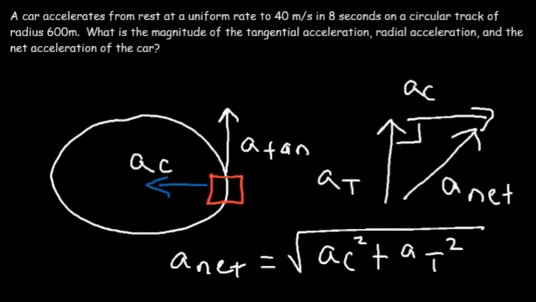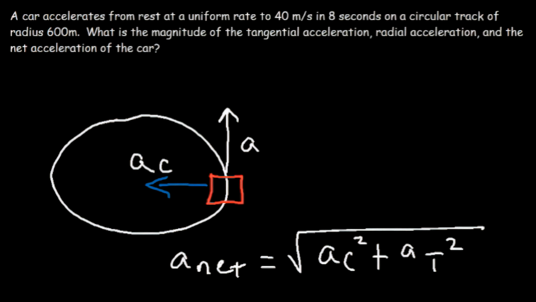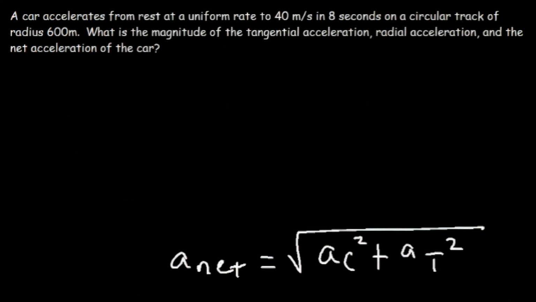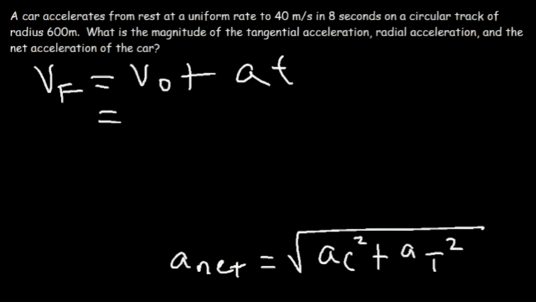So first, let's calculate the tangential acceleration. The equation that we can use to get it is this equation: V final equals V initial plus AT. So the initial speed is 0 because the car accelerates from rest. We're looking for the acceleration. The time is 8 seconds and the final speed is 40.